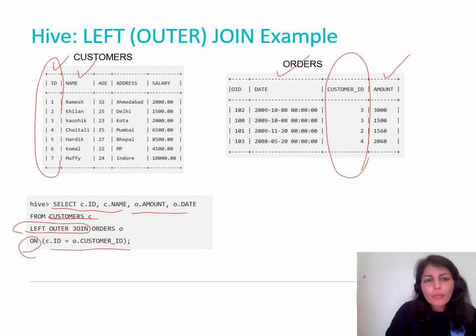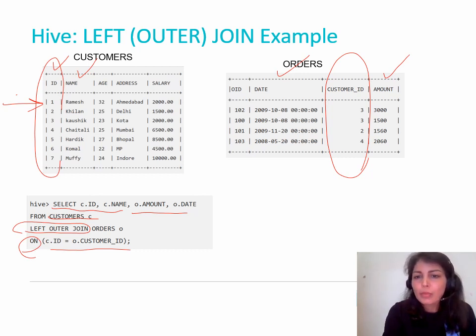So what is the output? I said left join returns all records from the left table plus matching records from the second table, and null in case of no matching value. Okay, start from the first record. Is there any customer ID in the second table with ID number 1?